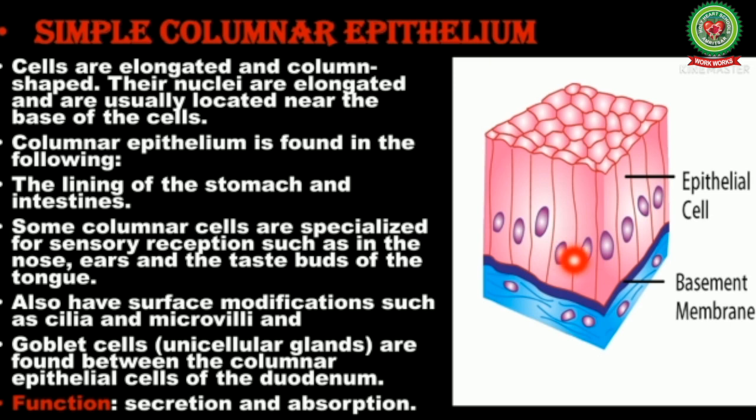The cells have a secretory and absorptive function. They mainly form the lining of stomach and intestine. Some columnar cells are specialized for sensory reception, such as in the nose, ear and the taste buds of the tongue. Goblet cells are found between the columnar epithelial cells of the duodenum.